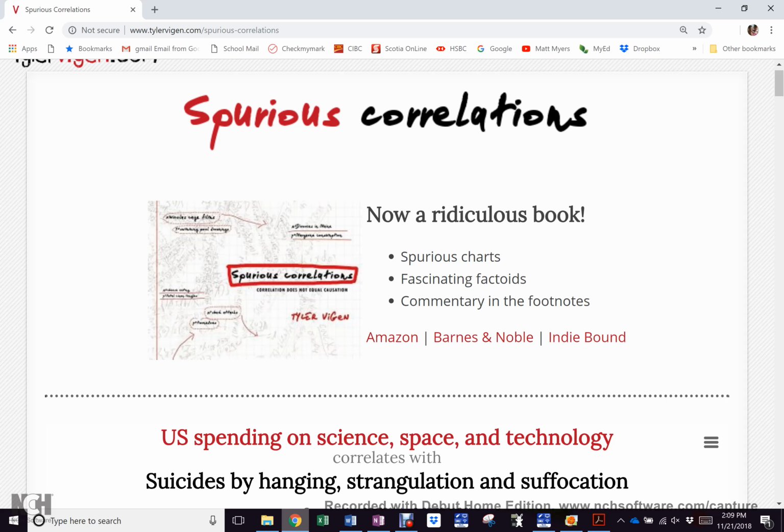If I were to give you this data, the United States spending on science, space, and technology, is that something we could count? Yes, because they spent a certain amount on it over a certain amount of time. Agreed? Everyone cool with that? And that's a relation too, isn't it? Because one set is the amount of money they spent, and the second set are the years they spent it. Everyone agree?